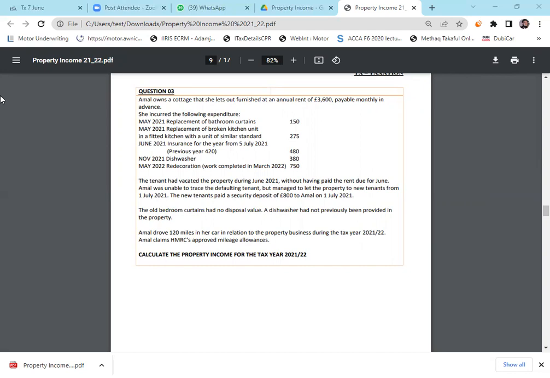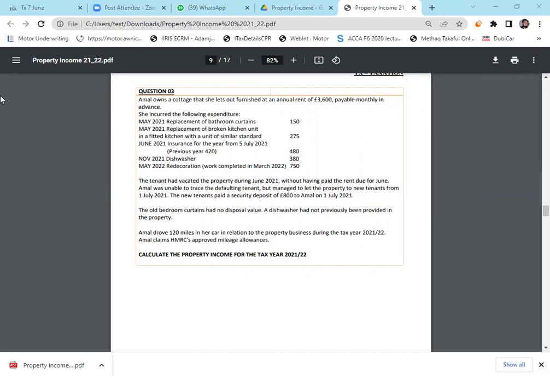June 2021, insurance for the year from 5th July 2021, 480. November 2021, dishwasher, 380. May 2022, redecoration work completed in March 2022, 750.